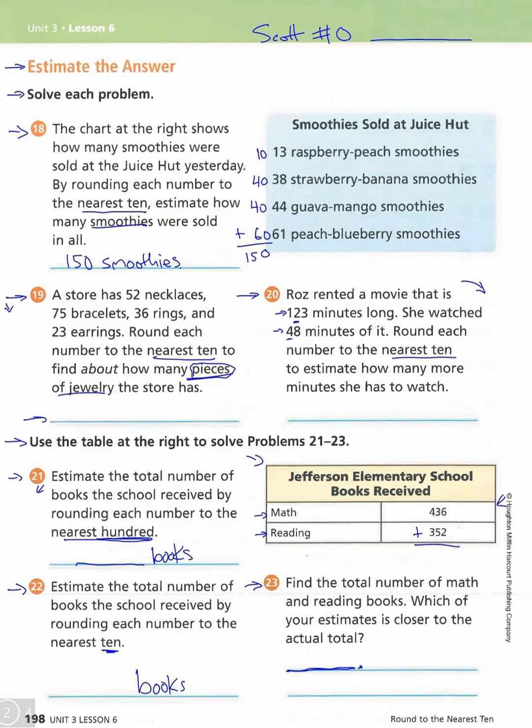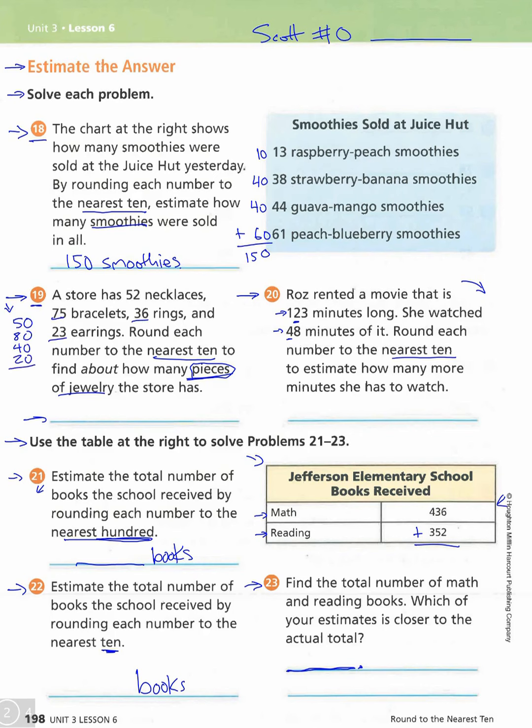So we already did number 18 together. That was done. So number 19 here. We're rounding all of these numbers to the nearest 10. So we have 52, and that becomes 50. We have 75, that becomes 80. 36 becomes 40. Fix that. And then 23 becomes 20.